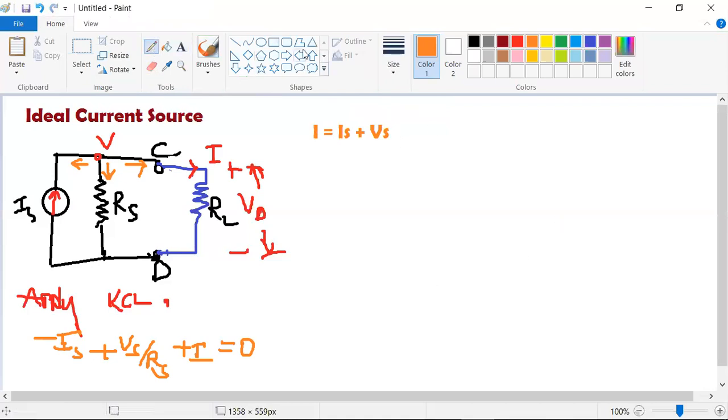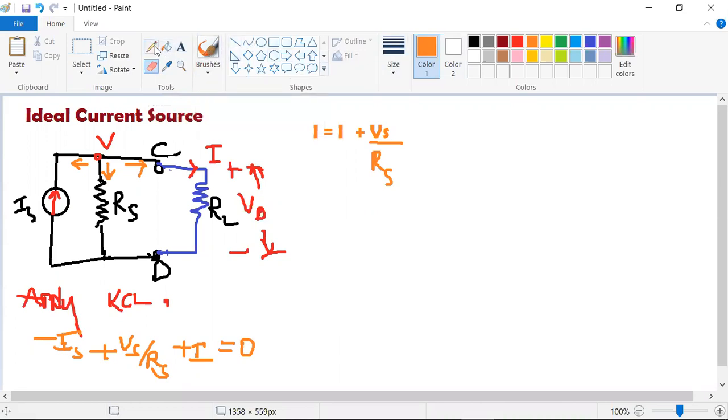Now let me write that, VS by RS. Right? From here, if you write this equation, this is not IS, this is I, and this is IS.